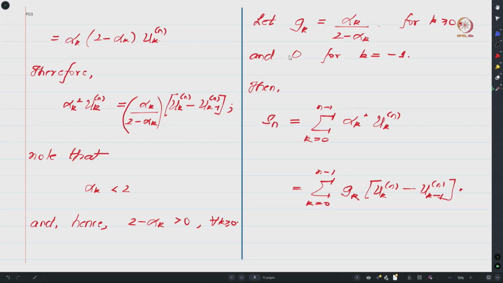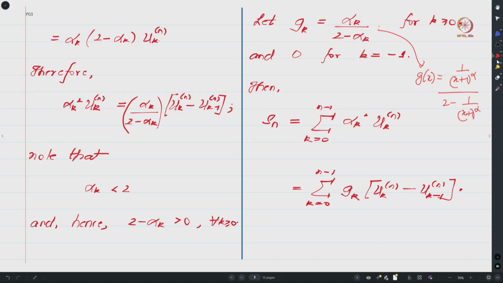I think I forgot to mention it. Remember I said that we define gk to be alpha k over 2 minus alpha k, and if you define g of x to be 1 over x plus 1 to the power alpha by 2 minus 1 over x plus 1 to the power alpha, and if you take x to minus 1, one can see that this expression goes to 0.